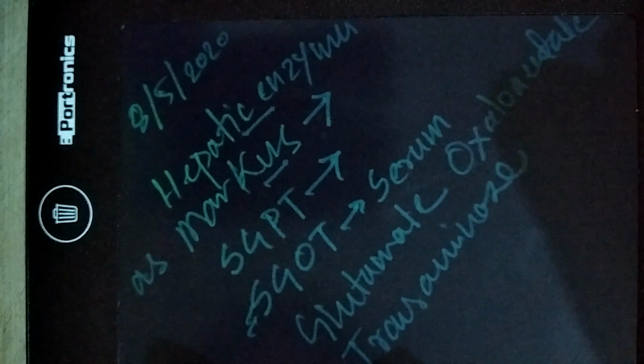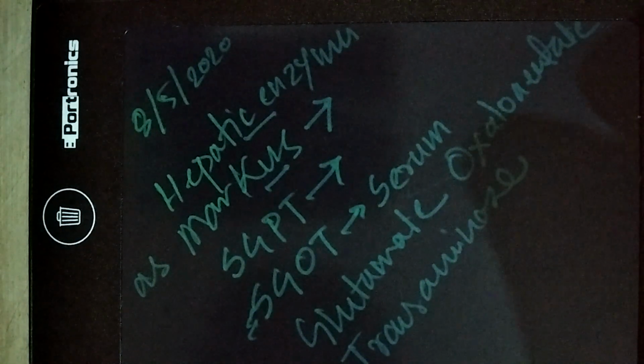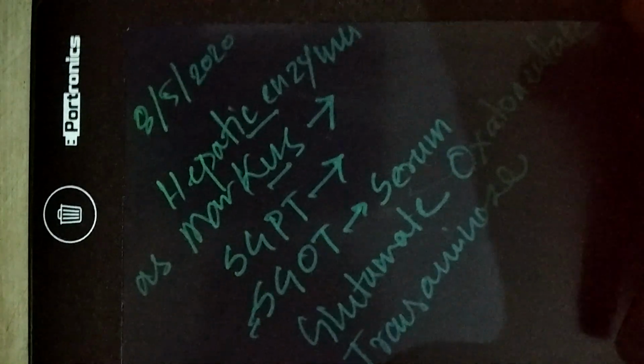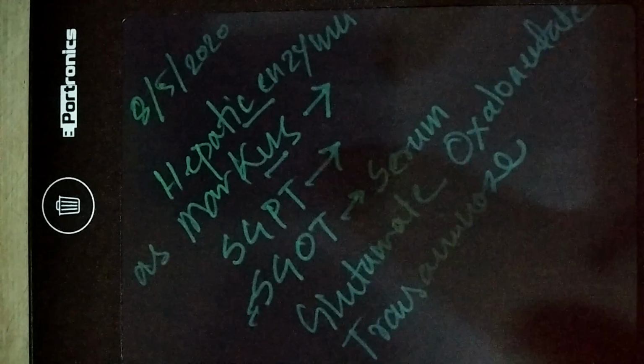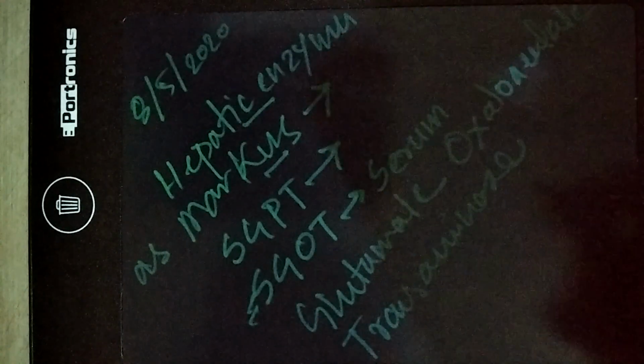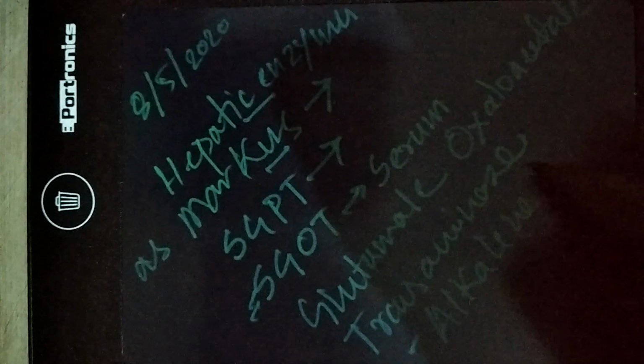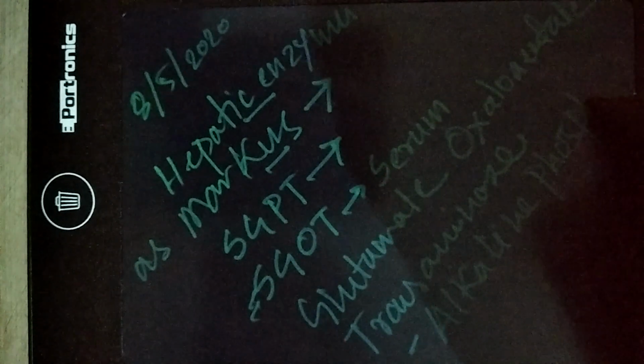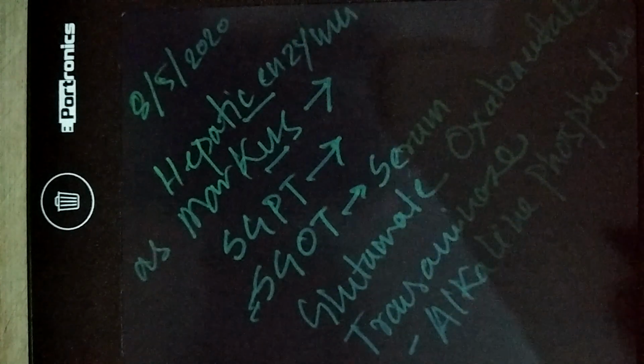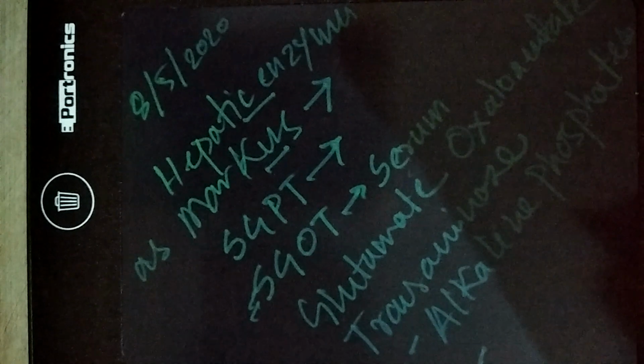Some other hepatic markers are there. Hepatic markers means these enzymes are present in liver and they are used as a marker of liver health. One more enzyme is alkaline phosphatase. And there is one more enzyme, that means there are 4 enzymes.